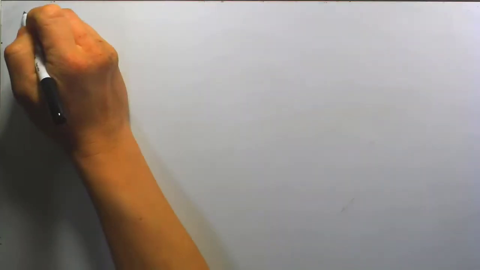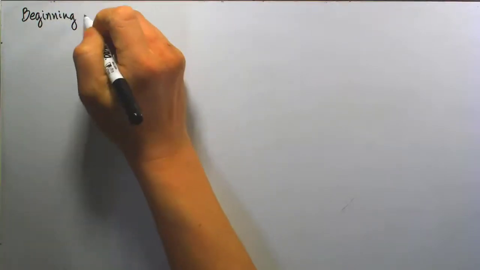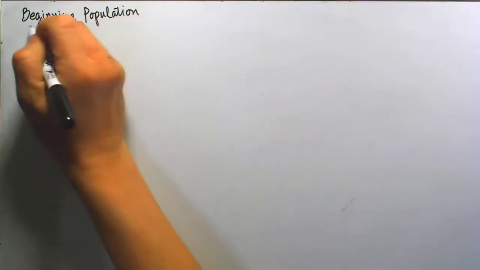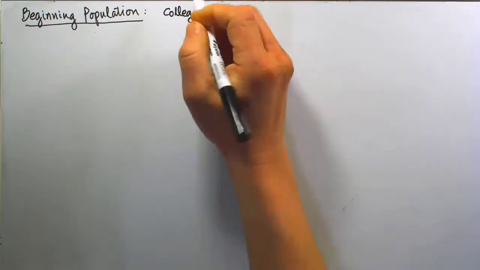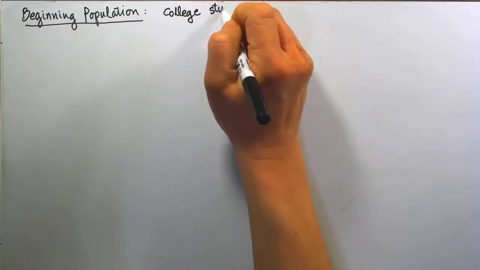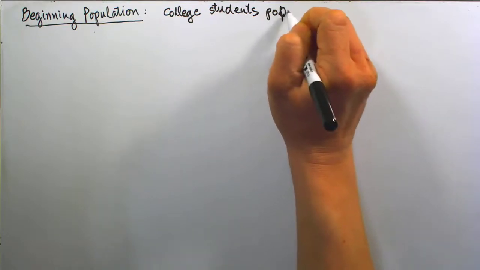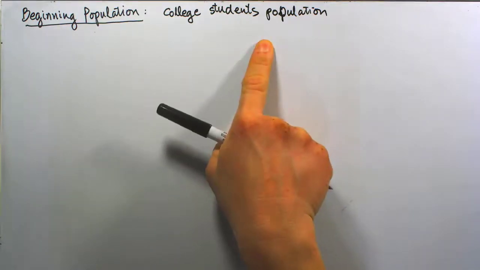Now I'm switching over to my writing board here, and the college students population, let's consider that as the beginning population. The college students population is considered as the beginning population.